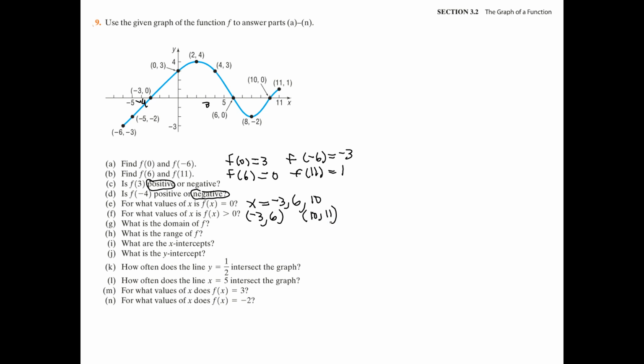What's the domain of the function? It goes from -6 to 11. All the possible x values. What's the range of the function? The possible y values, you go from -3 up to 4.